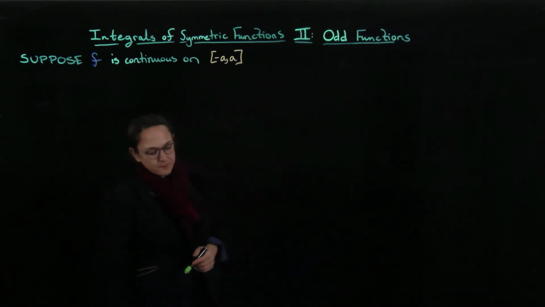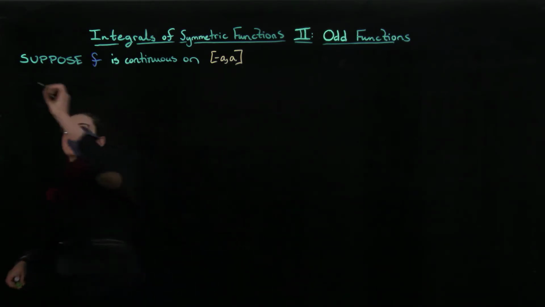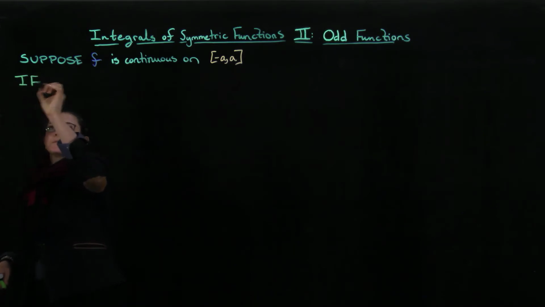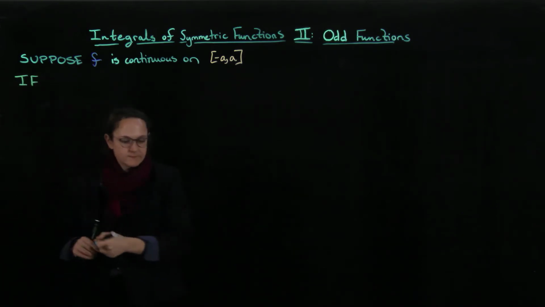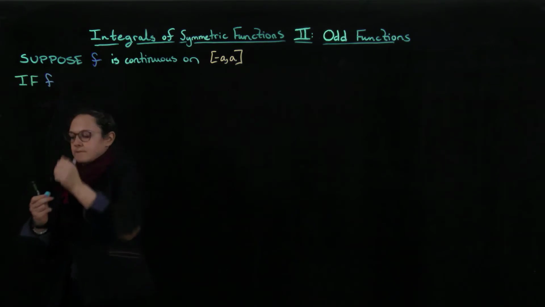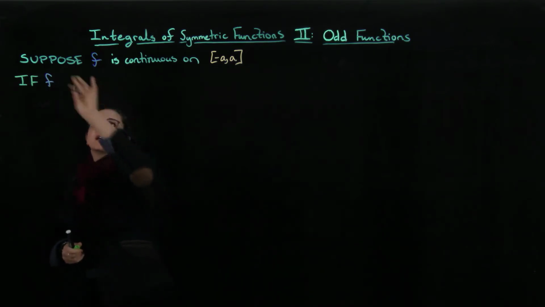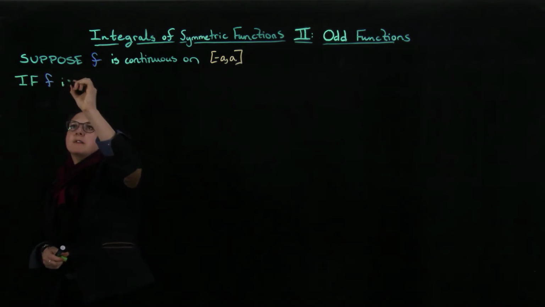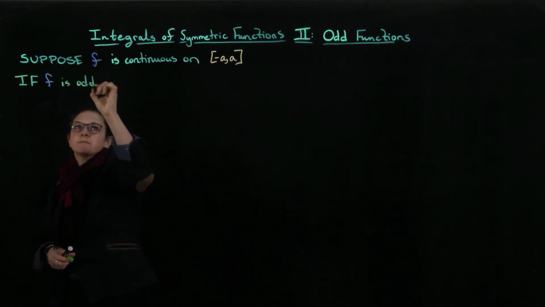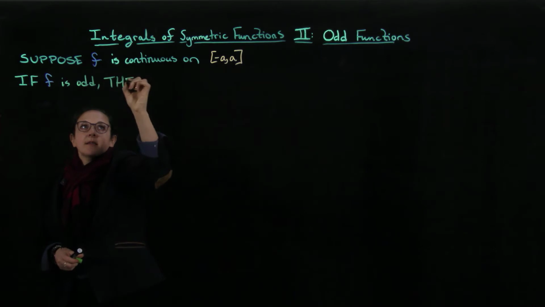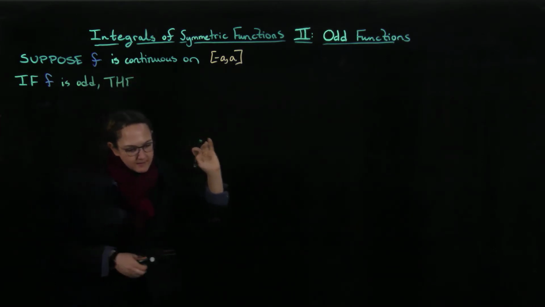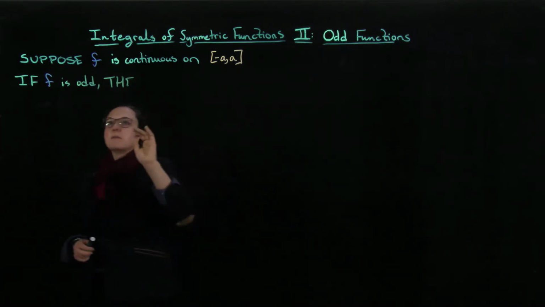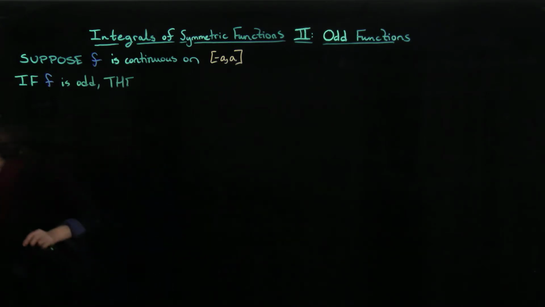So if f is odd, again, we're supposing that f is continuous on that symmetric interval. What's the meaning of odd?